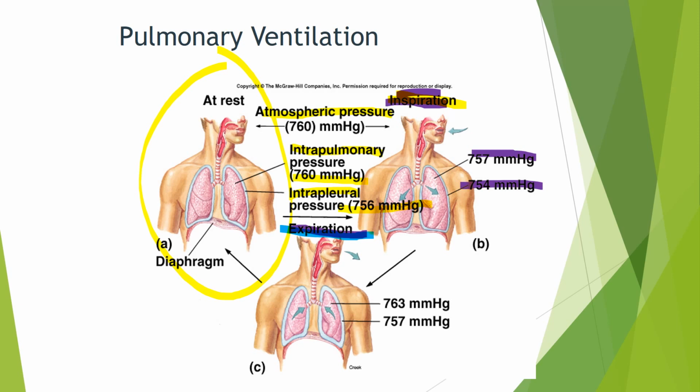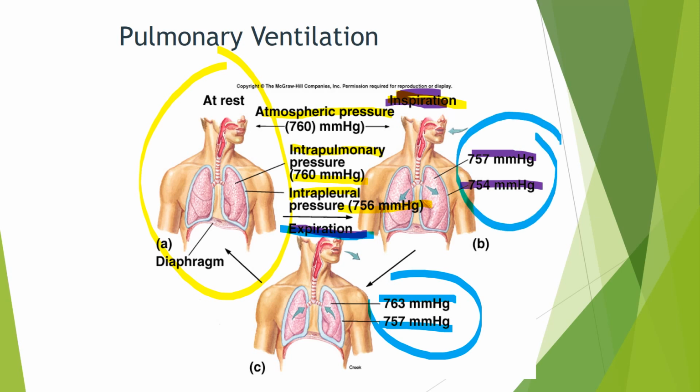So now we're raising it to 763 millimeters of mercury for the intrapulmonary pressure, and then the intrapleural pressure will also rise to 757. So then that's going to force air out based on diffusion concepts. Whereas here, now these are lower than atmospheric pressure, so that's going to force air in.